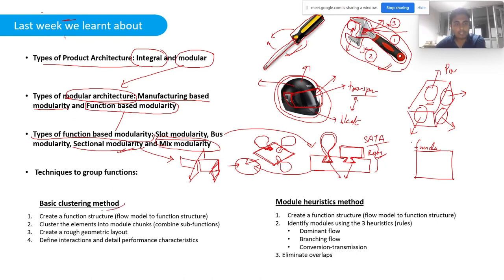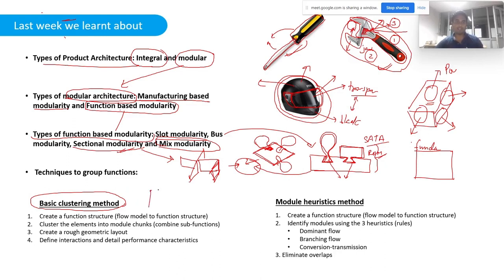I talked about in the last class that there are mainly two techniques, and one is a basic clustering method where we first create a flow model to create the function structure. For example, if you want to subdivide or group the functionalities of this particular sensor dispenser, you will first create a flow model.